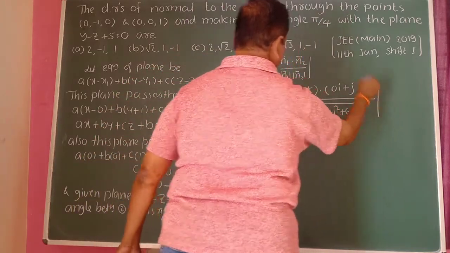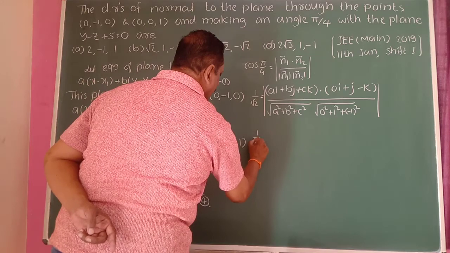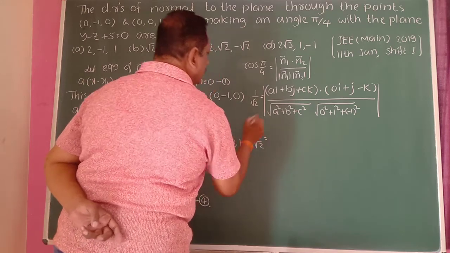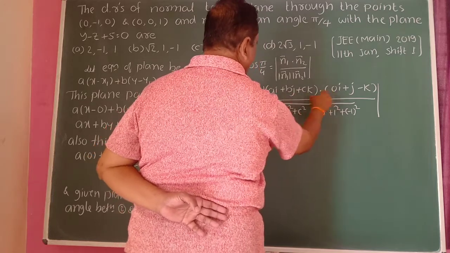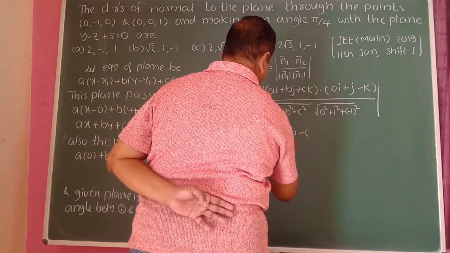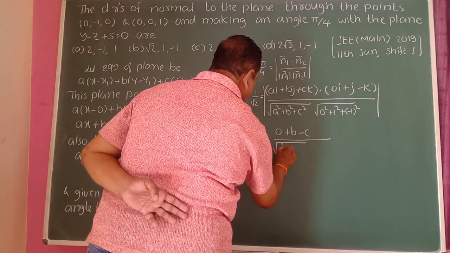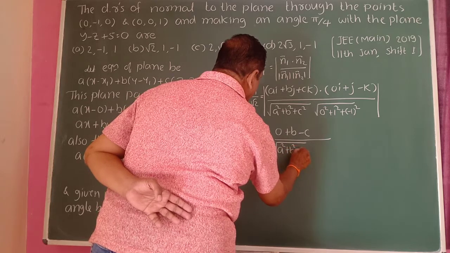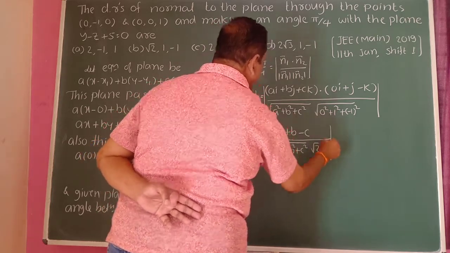Therefore 1 by root 2 is equal to the dot product: a into 0 becomes 0, b into 1 becomes b, plus c into minus 1 is minus c, divided by root of a square plus b square plus c square into root 2.